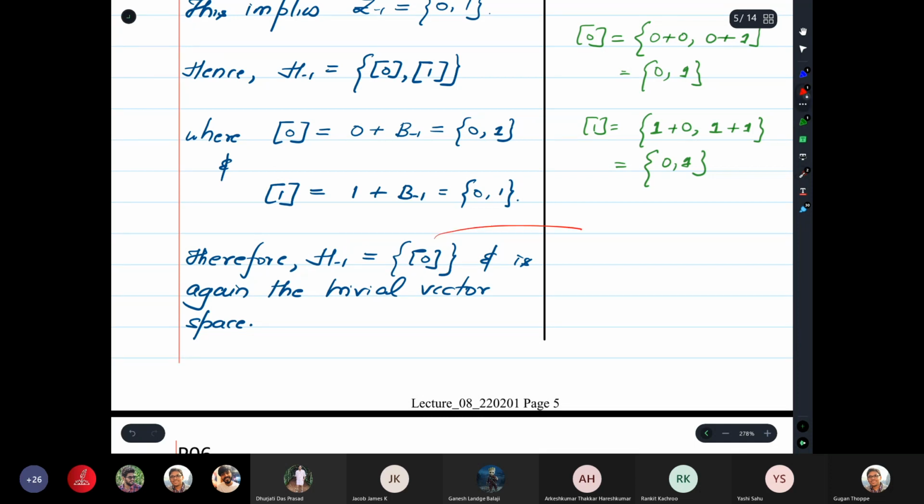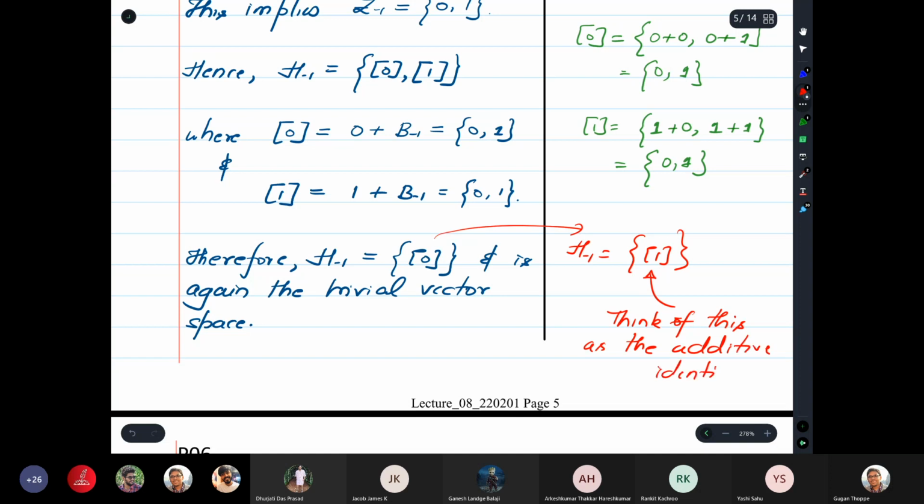It is important to note that I could as well have written it as the equivalence class of 1, right? And think of this as the additive identity.